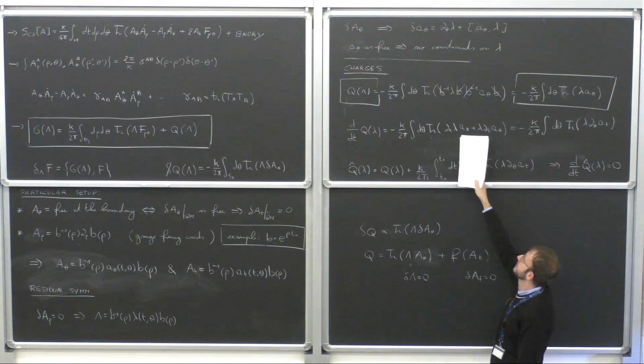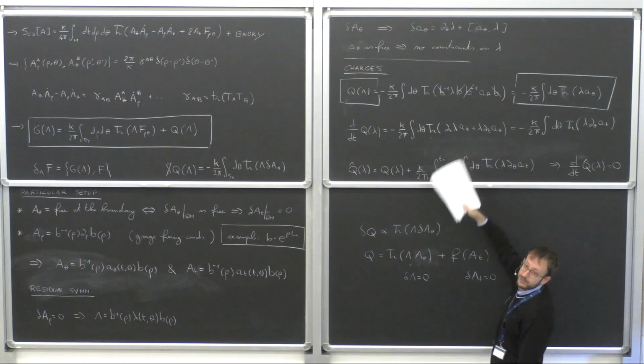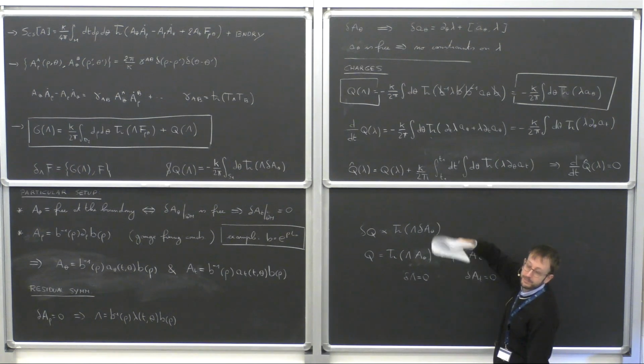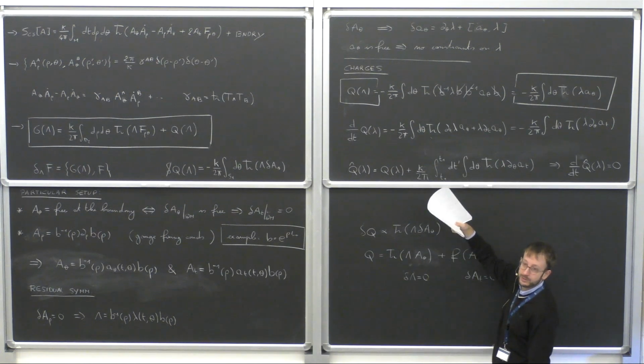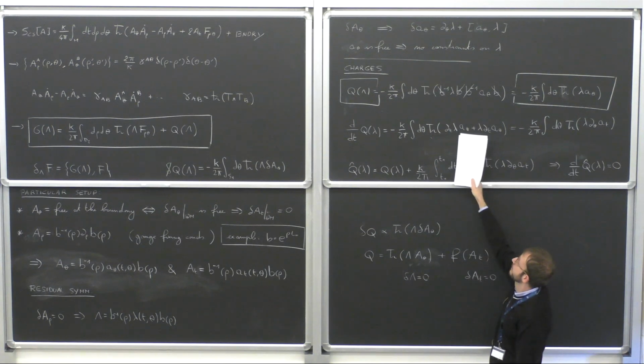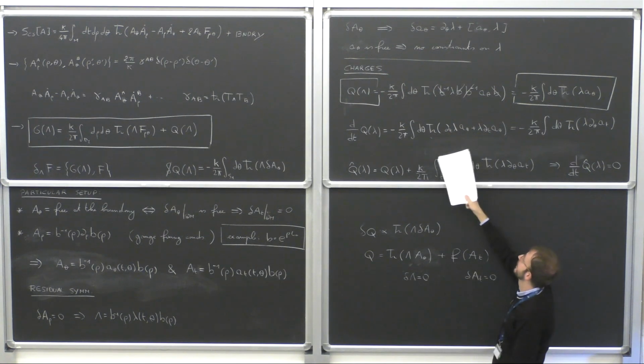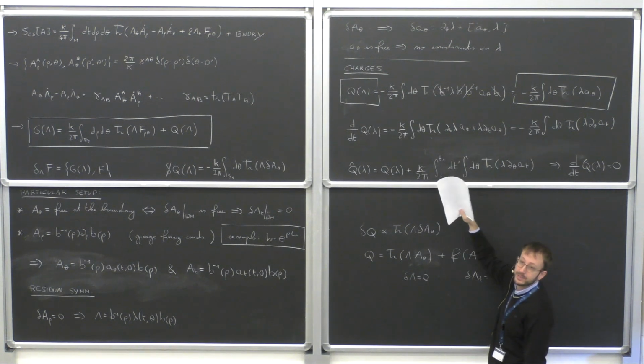In the other case, I'm using the fact that the dependence in t of lambda is fixed by the fact that I do not want to change the time evolution. So here I'm just reconstructing the equations that lambda must satisfy, which is delta a_t equal to 0, essentially.